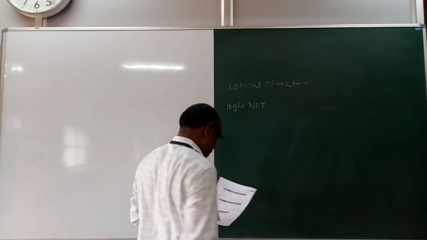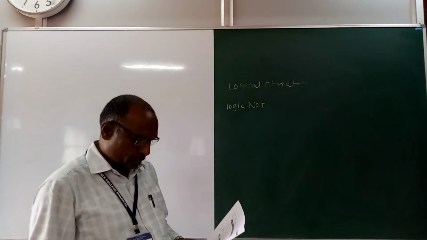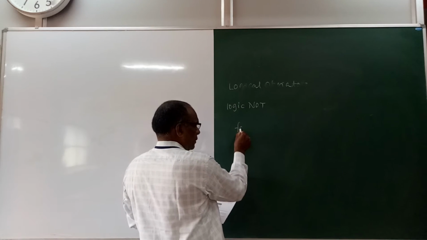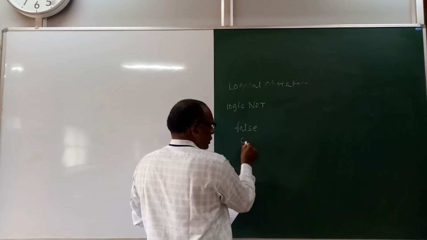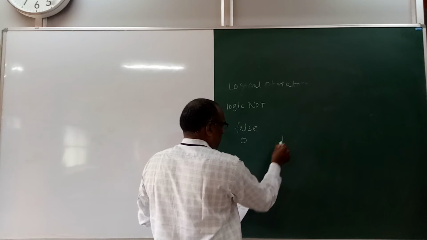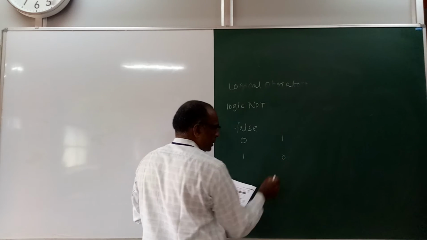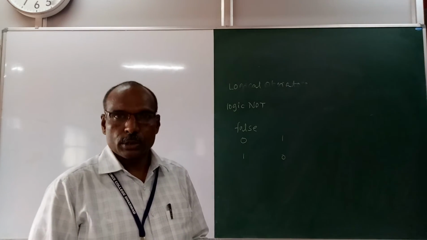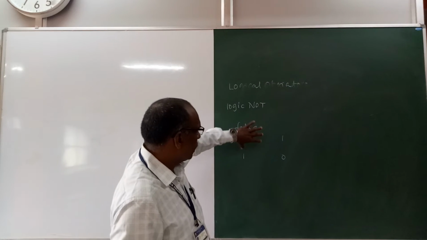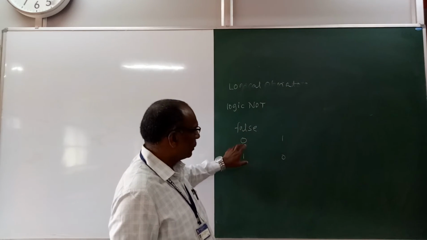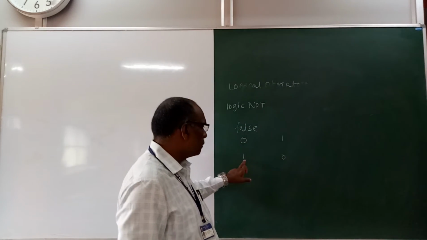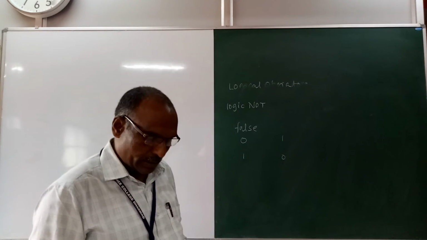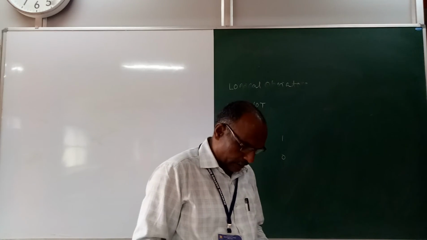Logical NOT is a unary operator. Operand false, you can say it is 0, output is 1. For 1, output is 0. This will work as an inverter. If input is 0, the output will be 1. If input is 1, output will be 0.